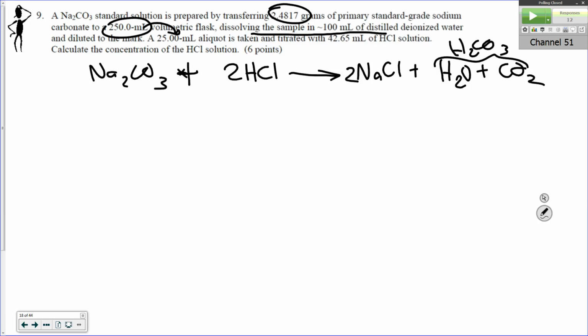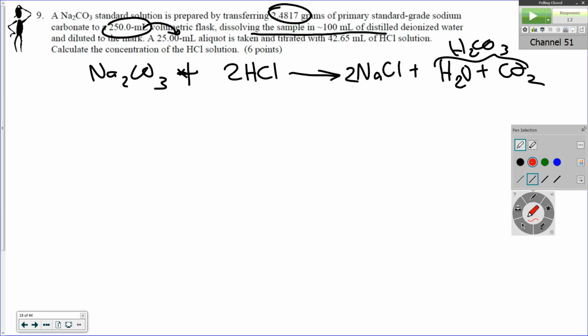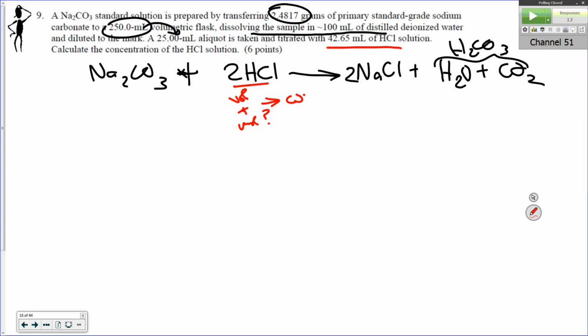So that's our reaction stoichiometry we have to take into account. What we did was we had a certain volume of this HCl solution. So we know its volume, okay? We want to know its number of moles so we can find out its concentration. That's what we're trying to find out.